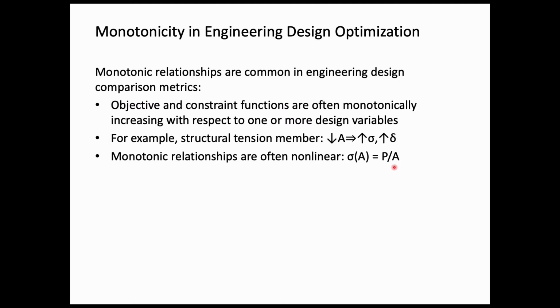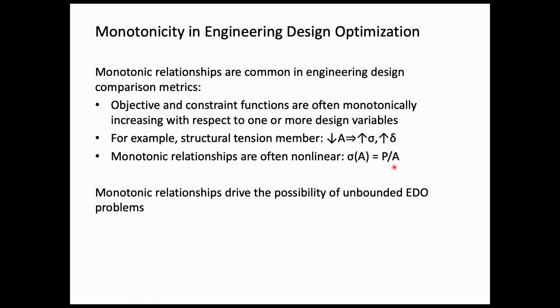But in practical engineering design optimization problems, you will often find monotonic relationships that sometimes are linear, but often are not linear. It is the existence of monotonic relationships in engineering design optimization problems that drives the potential for unboundedness to exist.